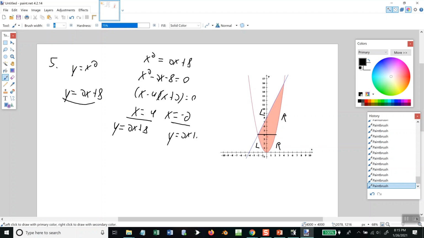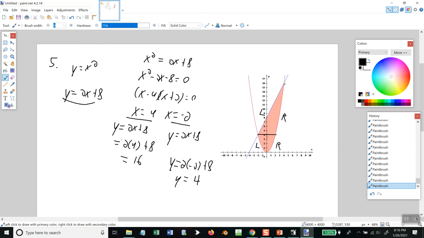So for this one, I'm going to have 2 times 4 plus 8, which is 16. This one's pretty obvious. If I plug that in, 2 times negative 2 plus 8, 4.